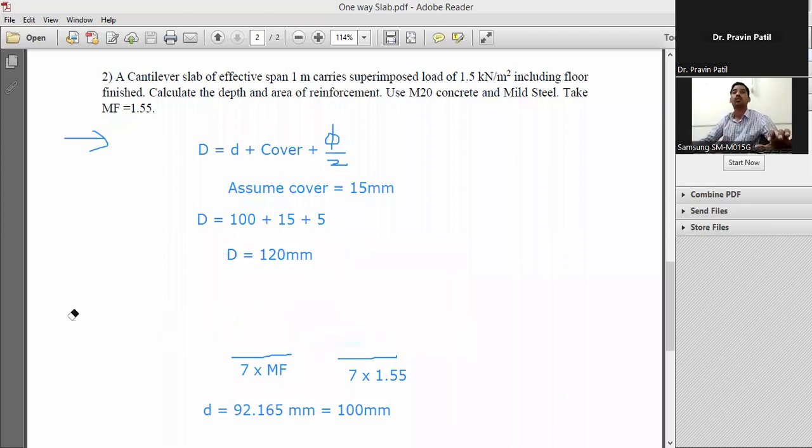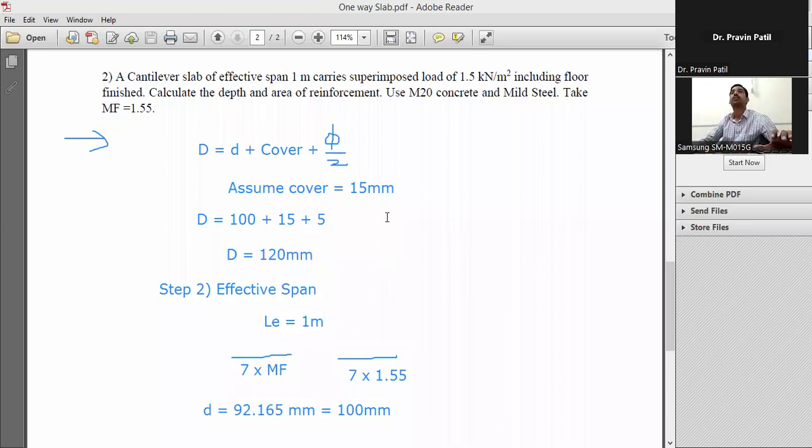Okay. Now step number 2, effective span. Actually here the effective span is given directly: LE is equal to 1 meter.